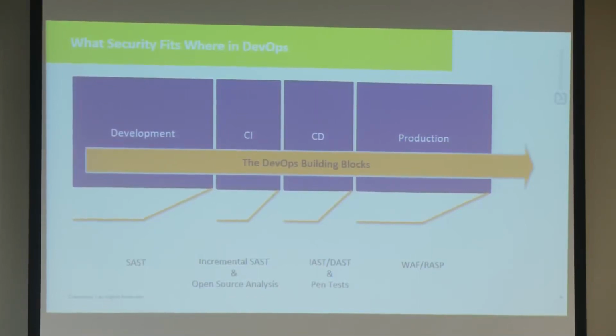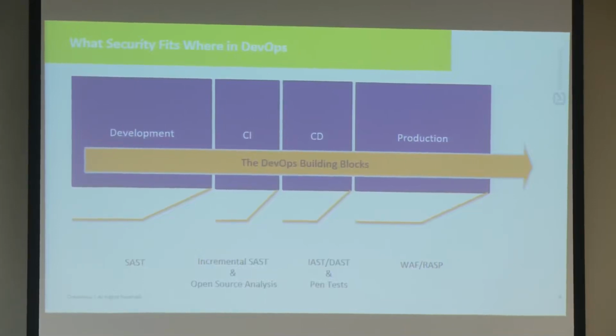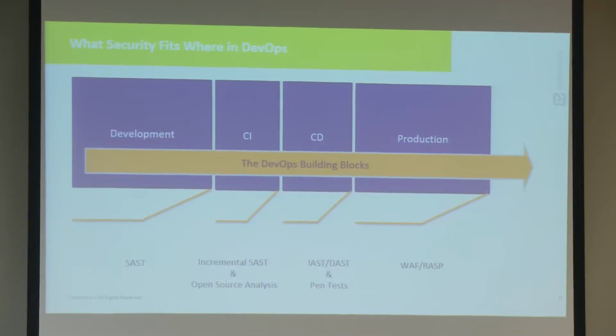Your Maven pulls in components. Open source analysis, or software composition analysis, becomes key. It's the right time to check that. When the application is done, work with IAST and DAST and things that work with a running app. And of course, in production, it's WAF and RASP.